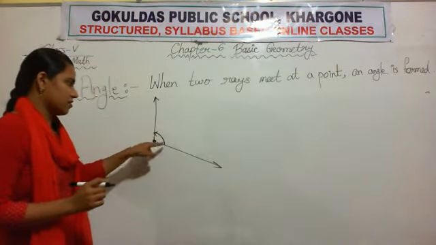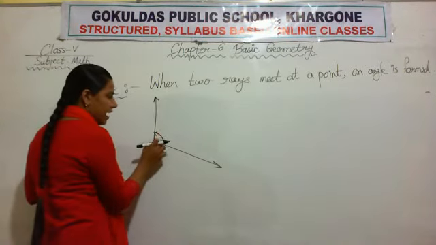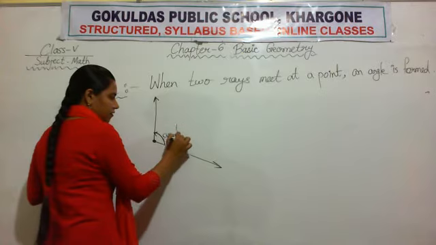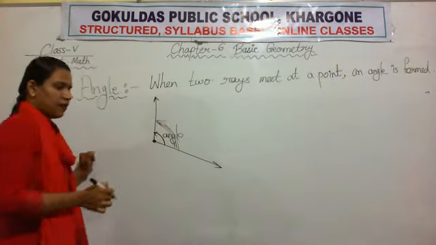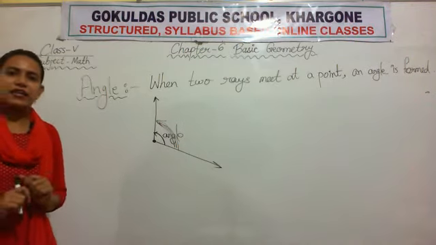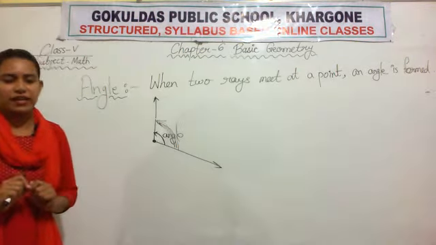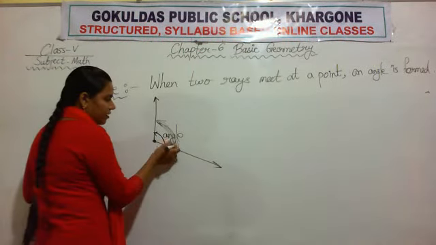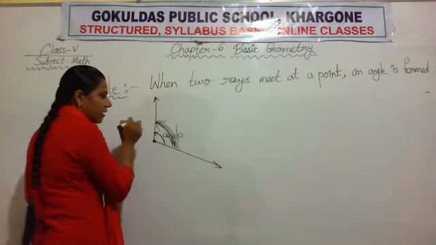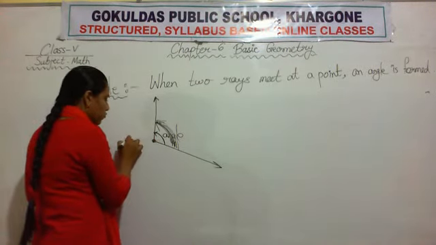This space between two rays is known as angle. This is the angle. This part is the angle, okay? We measure angles in degree. The point to be remembered is we always measure angle in degree, okay? This part is known as angle, okay? This meeting point is known as vertex.